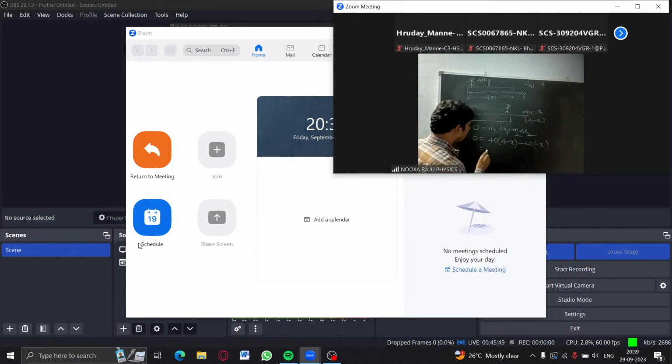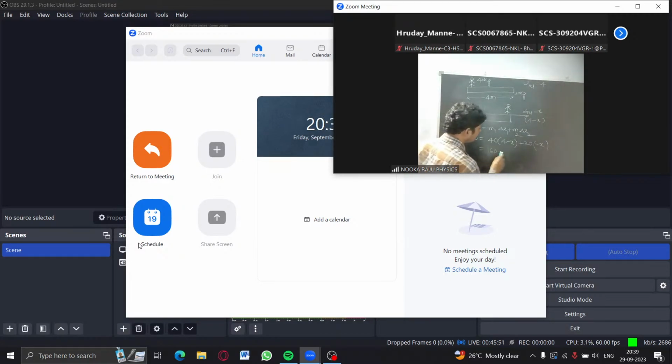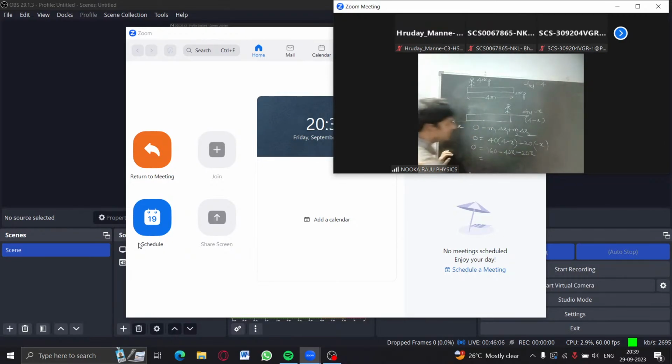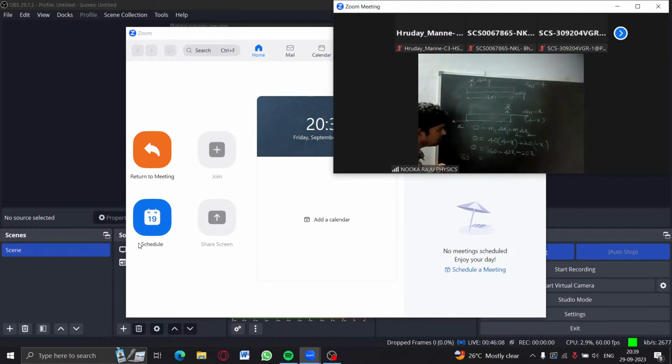Now here, 160 minus 40x minus 20x equals 0. Minus 40x and minus 20x, so this equals 60x. Simply we can write 60x equals 160.